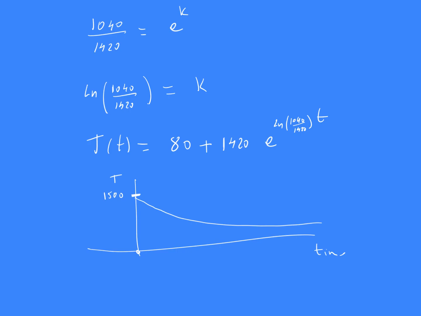When the time is 1 hour, the value of the temperature is 1120 degrees Fahrenheit. Then I can find the temperature at any time.